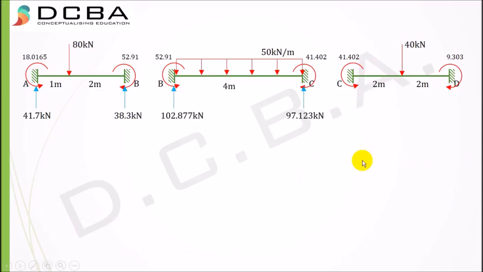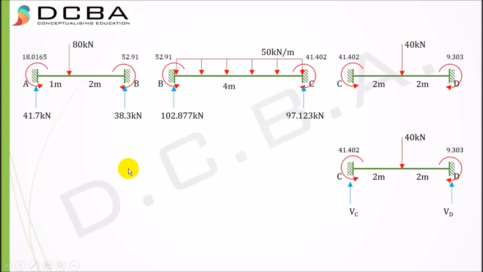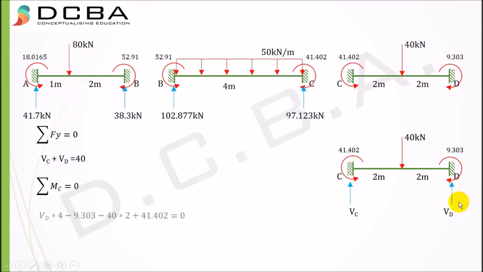Then we'll analyze CD. VC plus VD equal to 40, summation MC equal to 0. So VD into 4 minus 9.303 minus 40 into 2 plus 41.402 equal to 0. I get VD equal to 11.97525 kilonewtons and VC equal to 28.0248 kilonewtons.